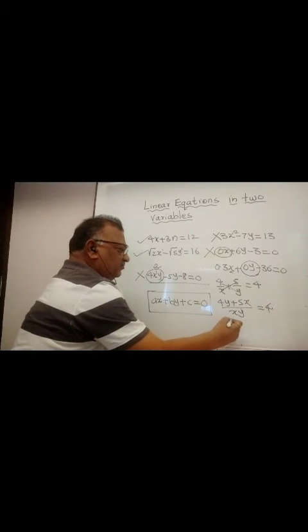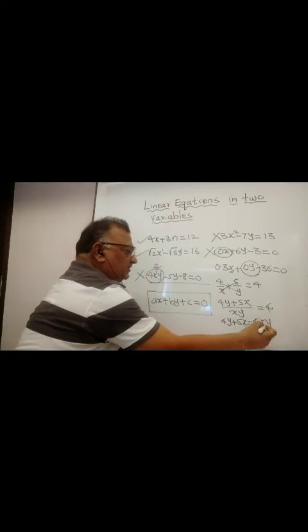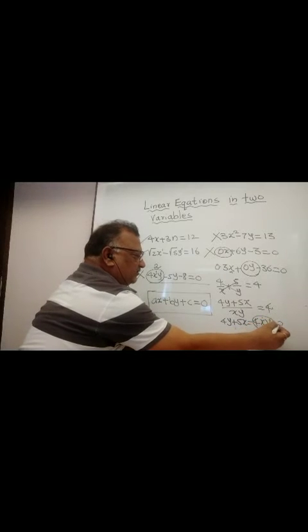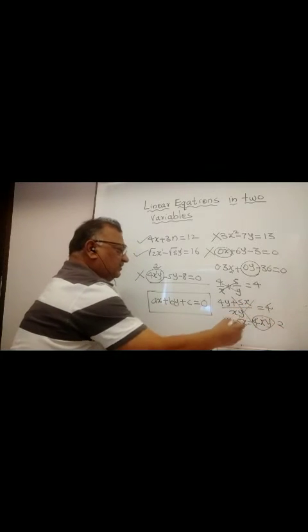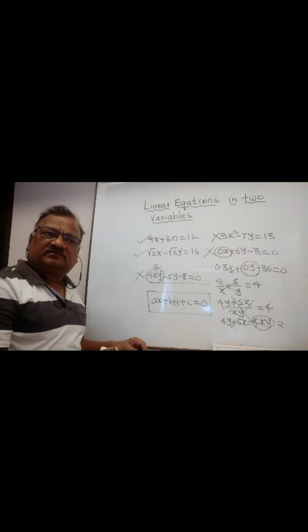And we get 4y plus 5x is equal to 4xy. So the degree of this term is 1 plus 1 and that is equal to 2, and therefore this is also not a linear equation in two variables.